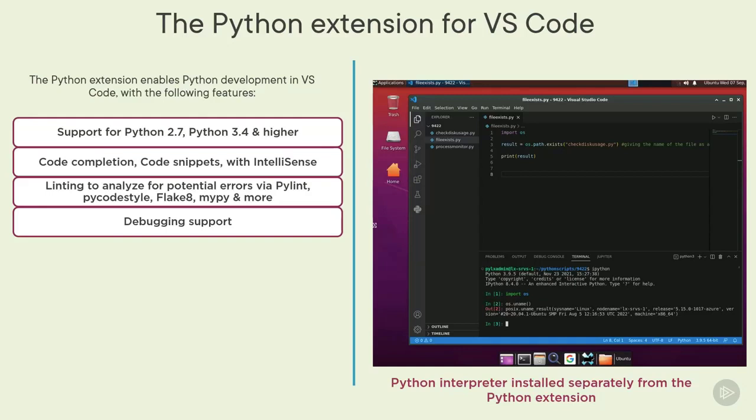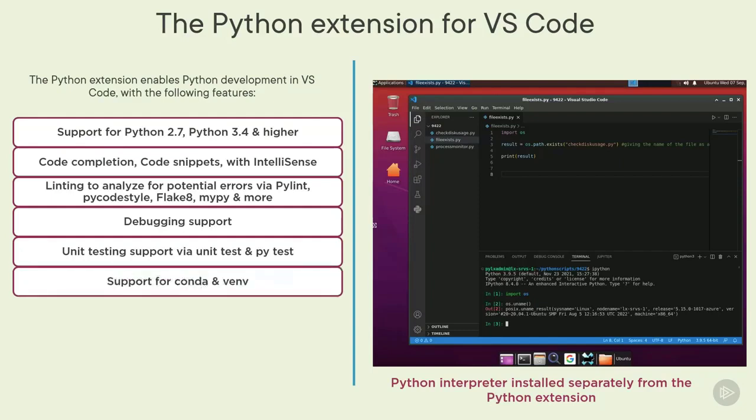So you can do breakpoints, you can walk through your code. It has full-blown debugging support, and it supports Python. It also has testing, so you can use that to test your Python code. You can do unit tests, or you can use PyTest to support the testing.